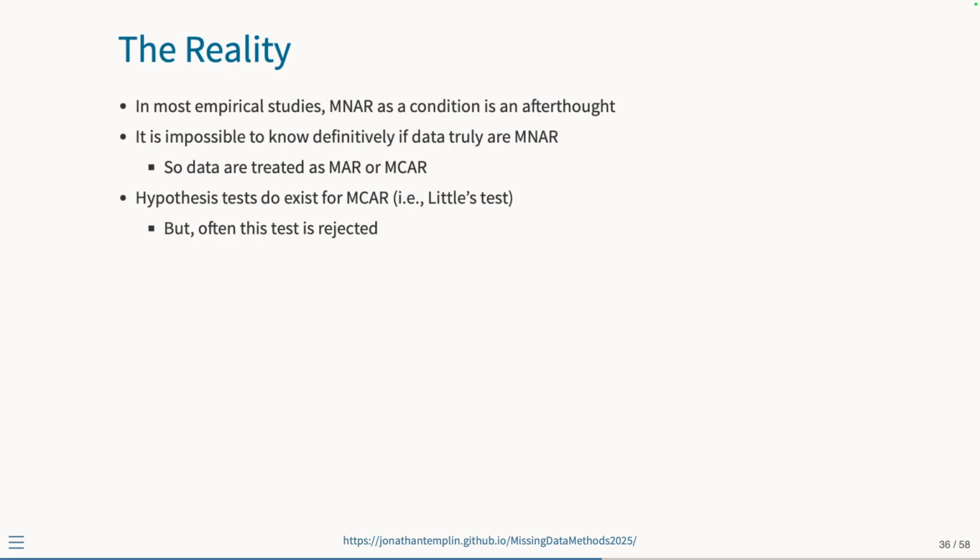So in many cases, we treat our data as missing at random, and we incorporate missing data methods that handle missing at random, because those methods are resilient, or do a better job, if the data were actually missing at random, which is probably semi-true, than if they were assuming missing completely at random. If you just use methods that work for missing completely at random, but your data aren't, bad things happen. So we're doing the least amount of harm by building in our missing data methods for missing at random.